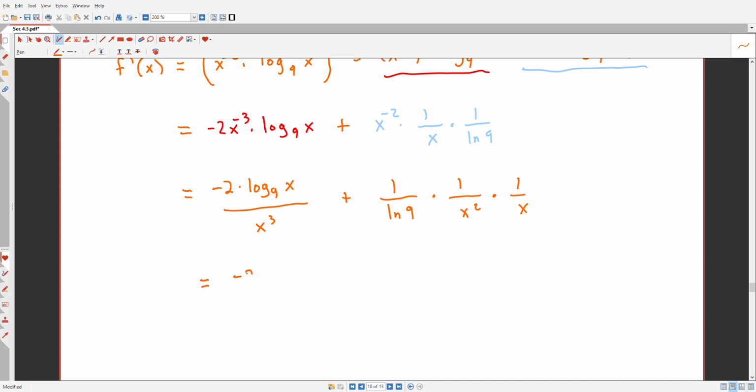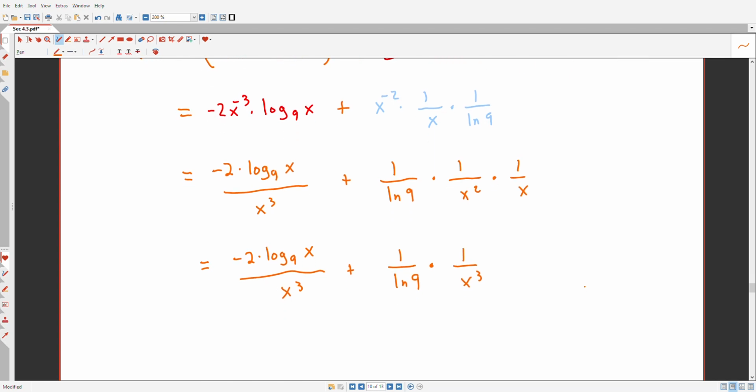So in that second term, what I've really got is 1 over natural log of 9 times 1 over x cubed. So if you wanted, you could rearrange this a little bit more and write it as one common denominator, as negative 2 log base 9 of x plus 1 over natural log of 9 all over x cubed. I think at that point this is mostly a cosmetic choice.